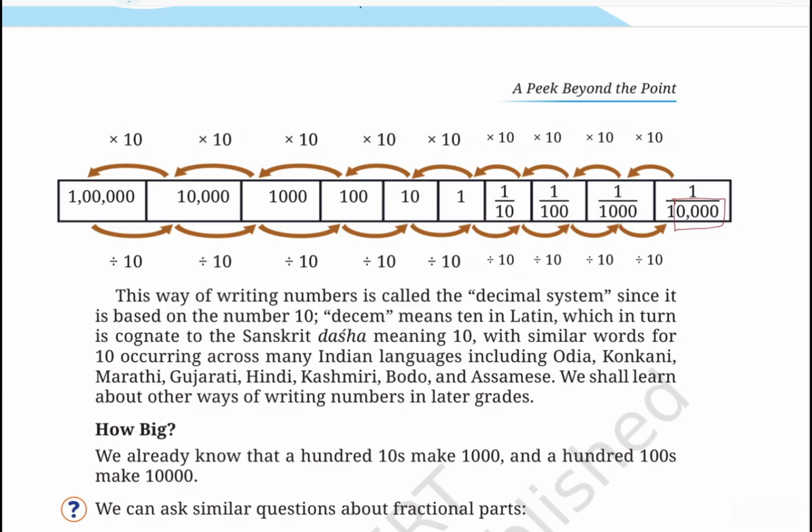When we multiply by 10, the zeros can be cancelled and we get 1000. Again, if 1000 is multiplied by 10, the zeros can be cancelled here. So we get hundreds.